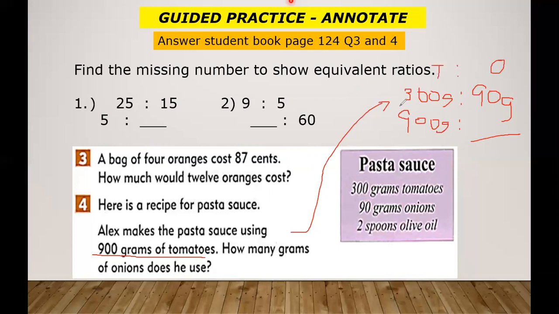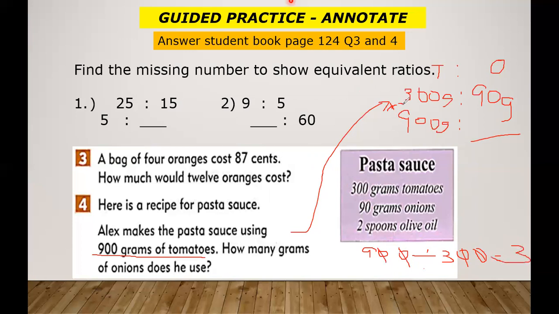Okay, what did I multiply 300 by to give me 900? You can see now, 300 times what to give me 900? Or you can do 900 divided by 300. What is the answer? 9 divided by 3 is 3.